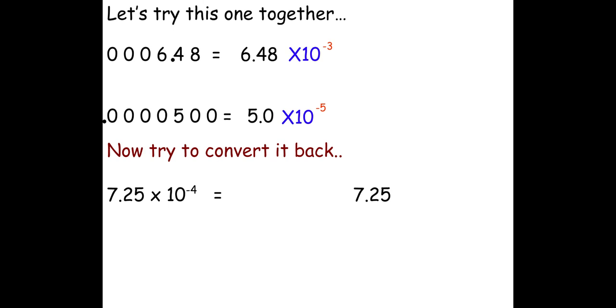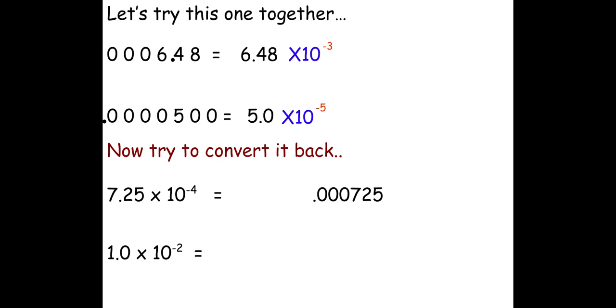The first thing you want to do is write the non-exponential part, which is 7.25, and then you have an exponent of -4. -4 simply means that I will move my decimal 4 times to the left to convert it back into an ordinary decimal. So I will move it 4 times to the left, 1, 2, 3, 4. And so that becomes the number in ordinary decimal.